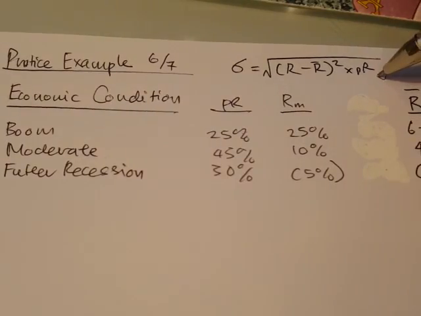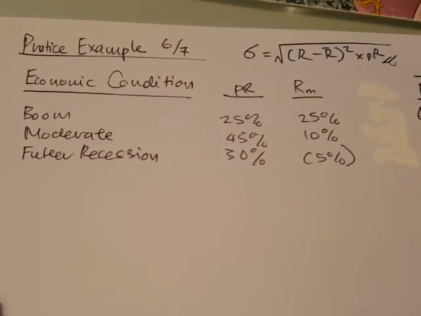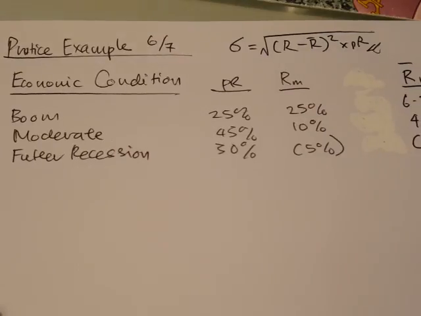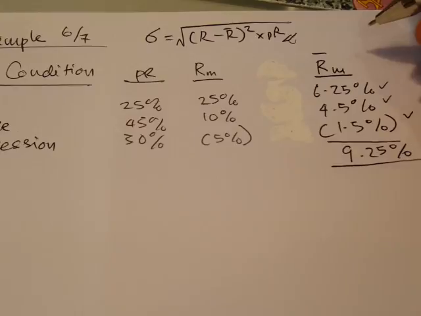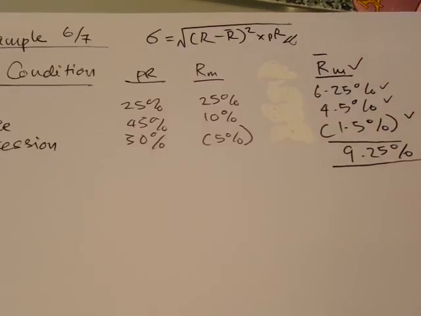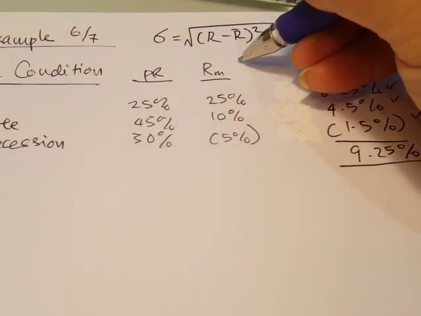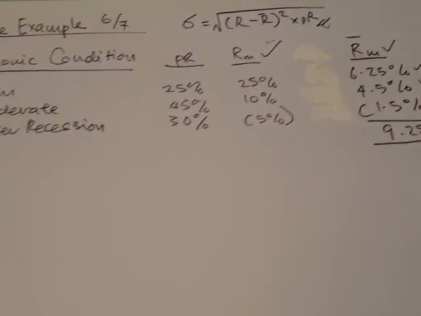Now we have probability. Let's calculate standard deviation for share M. So this is the average return. These are the return. Let's put them in the table.